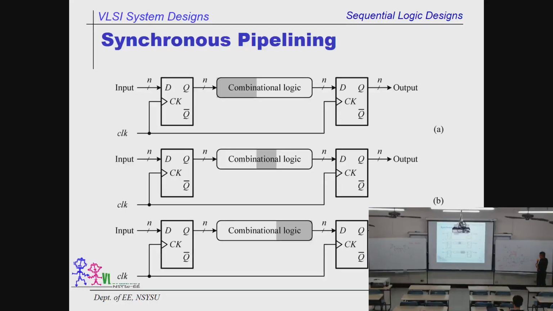If you don't do the pipelining, every data must go through 3 stages, so the delay will be 3 times n.